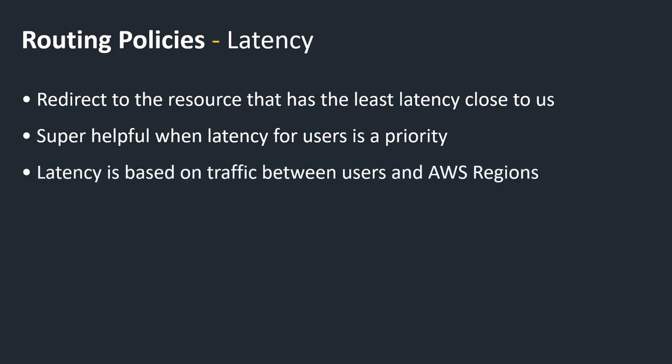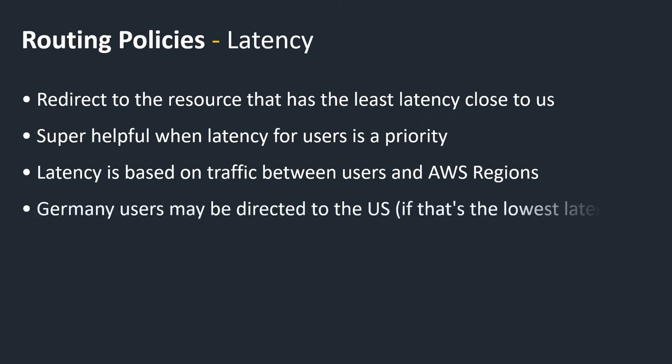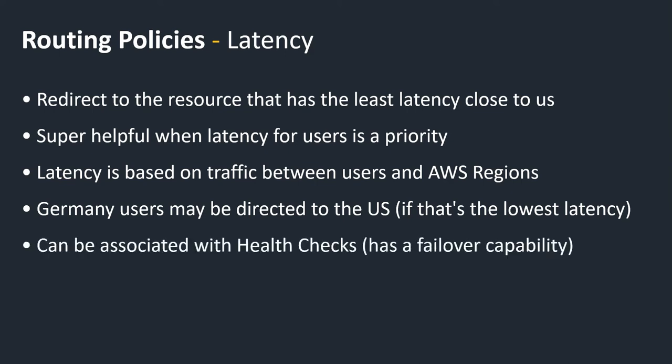Latency is measured based on how quick it is for a user to connect to the closest identified AWS region for that record. So, for example, if a user in Germany has the lowest latency to a resource in the US, then this is where they will be redirected, and this can be combined with health checks.